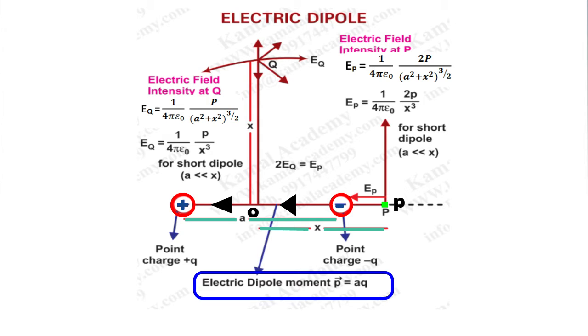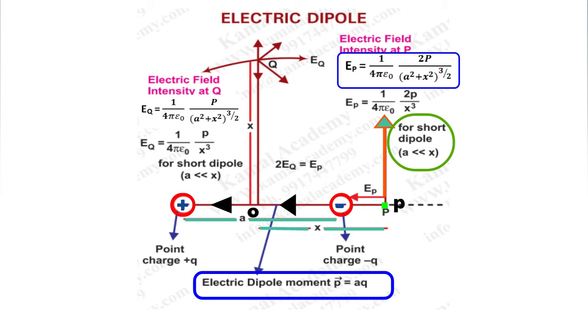Then the magnitude of electric field intensity at point P on the axis of this electric dipole is given by EP equal to 1 upon 4 pi epsilon naught, 2p upon (a square plus x square) raised to the power 3 by 2.